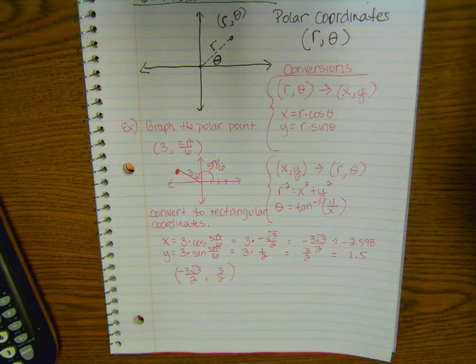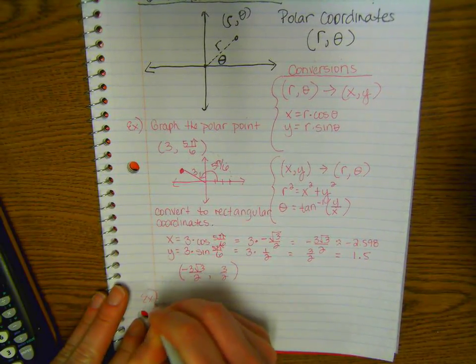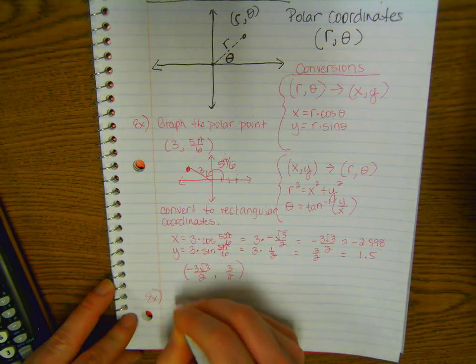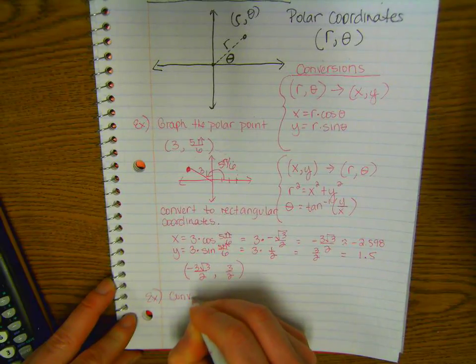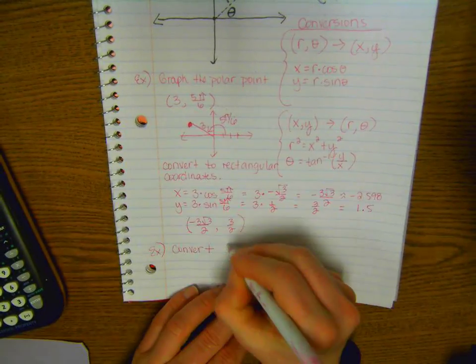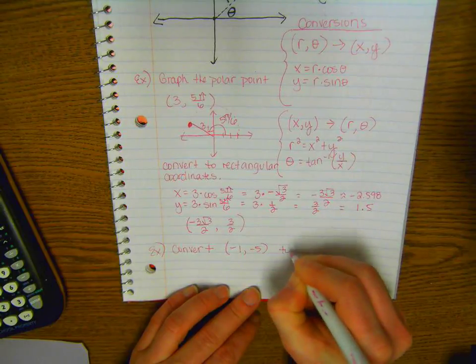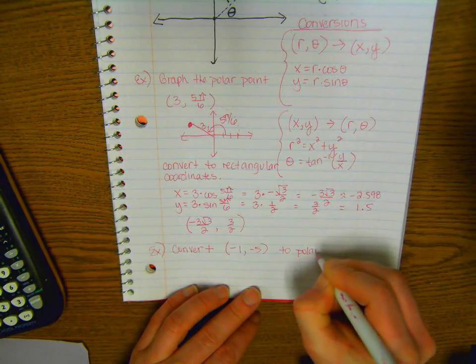We should probably do the other way. So let's convert negative 1, negative 5 to polar coordinates.